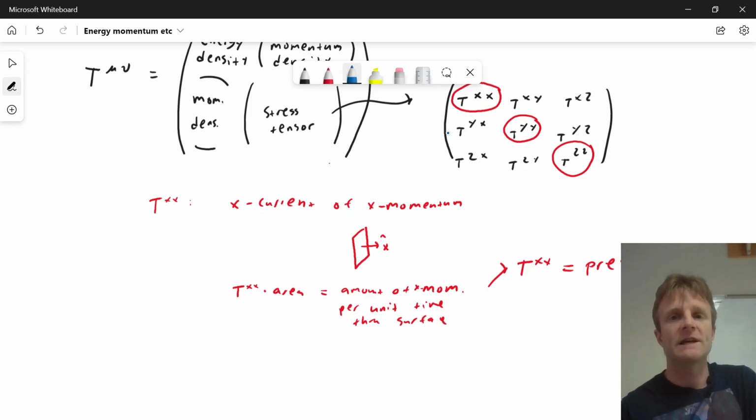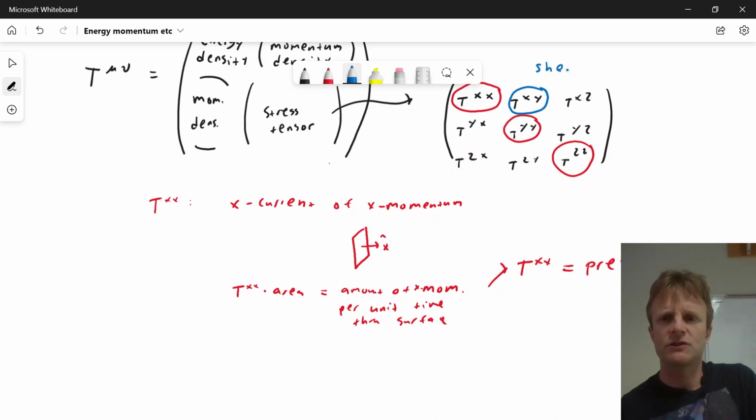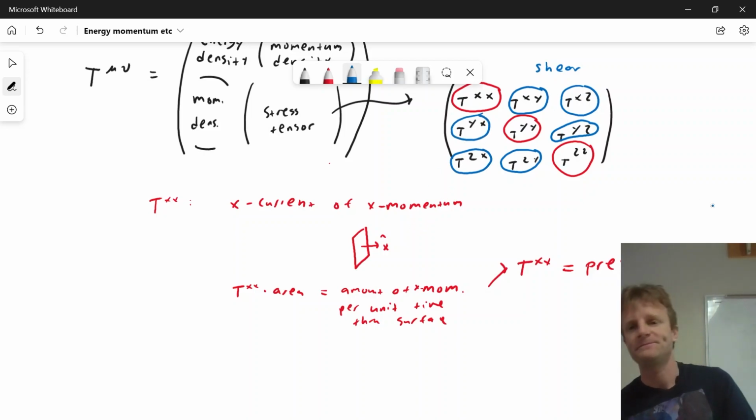And so you might call that the effects of viscosity, but the traditional name for the off diagonal elements is shear. So it's interesting that we've adopted the fluid mechanics name for the diagonal elements, namely pressure, but the mechanical engineer's name for the off diagonal elements, namely shear.